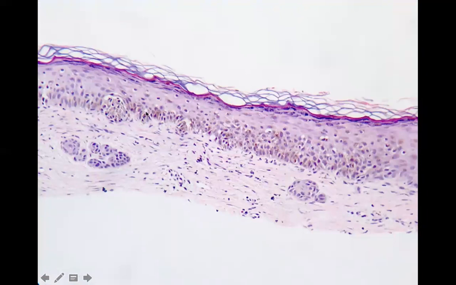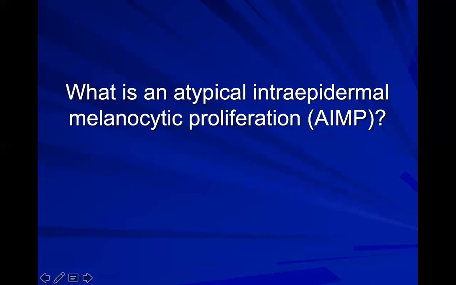Here's another one, nested, single cells, cells above. These nests don't look too bad, but if you have the original biopsy and you say, oh, this was a perfectly good intradermal nevus, and all of this is confined to within the boundaries of the scar, then you can be fairly confident you have a recurrent melanocytic nevus.